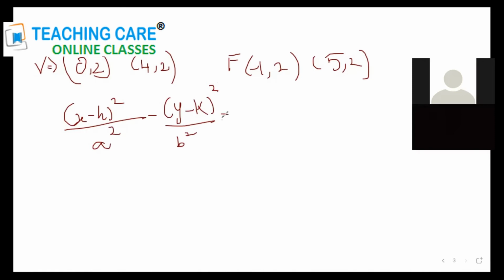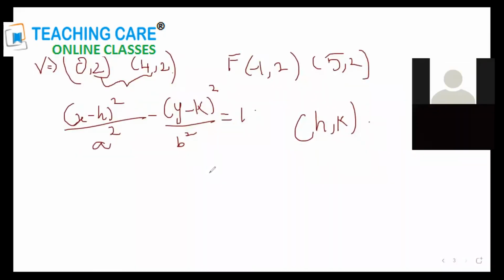Now I need to first identify the center of the given hyperbola. That is h comma k. The center will be halfway between the vertices. Am I correct? Yes, Om. So I'm going to use the midpoint formula for this. Om, can you hear me? Your voice is not audible.